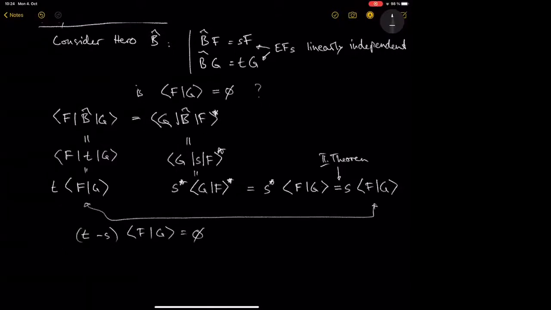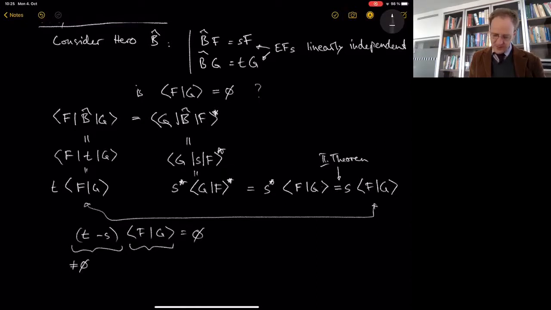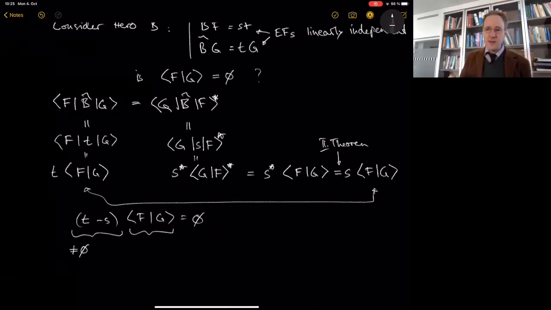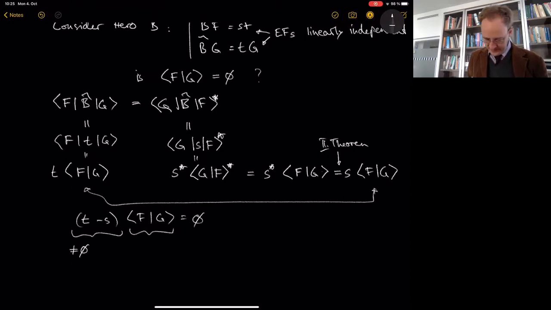Now, how can this be the case? Well, this is a product of two terms, right? And t minus s cannot be 0 because we consider only non-degenerate eigenfunctions, right?